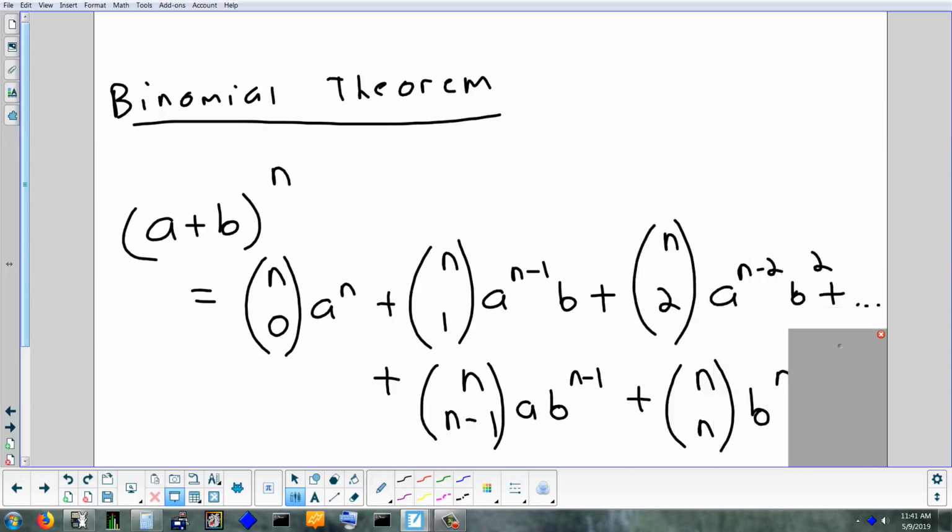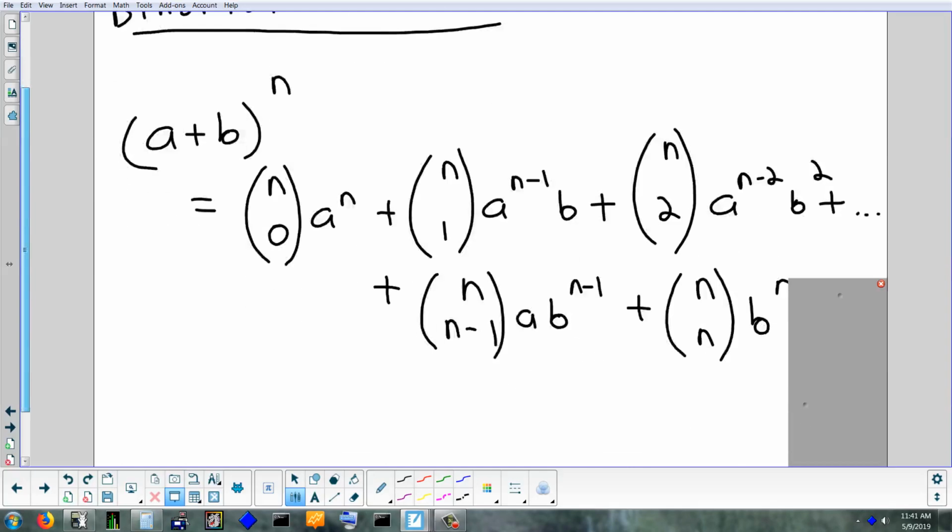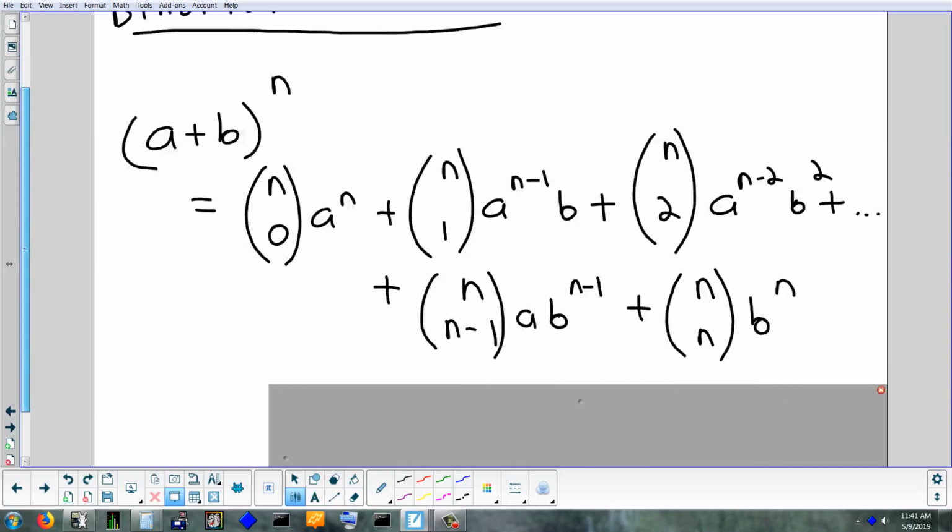So it keeps going. And eventually, you're going to get to the term where the exponent on a has gone down so much, now it's just a to the first. That's going to be in your second to last column. You get to your very last term, the a is gone.